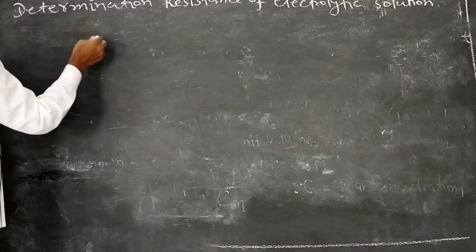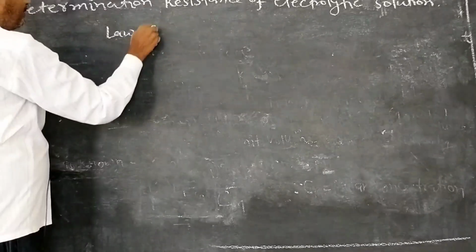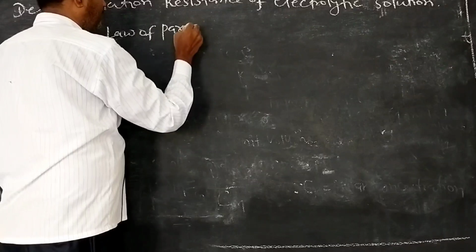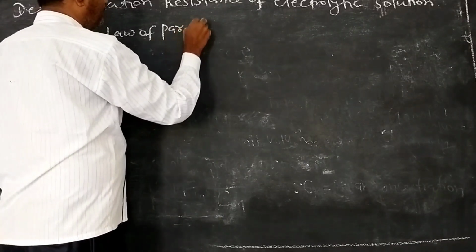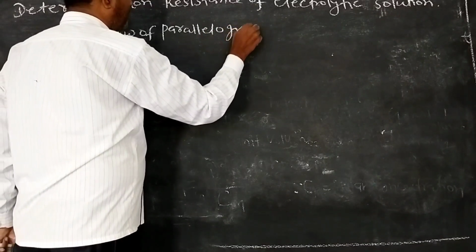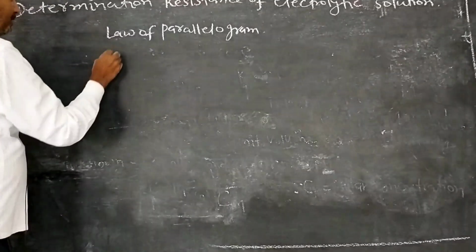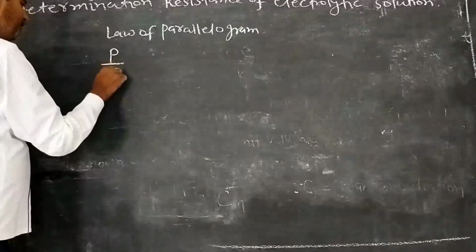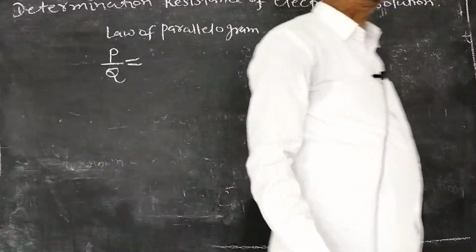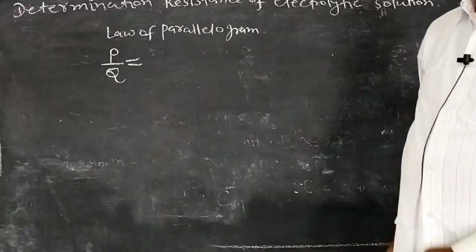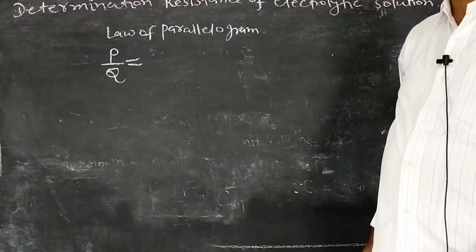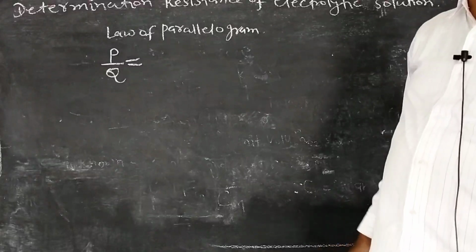It will depend on the law of parallelogram. If the ratio of resistance in corresponding sides of the parallelogram is the same, then it will be under equilibrium, with no deflection in the needle of galvanometer.